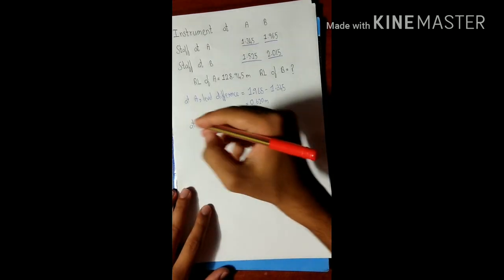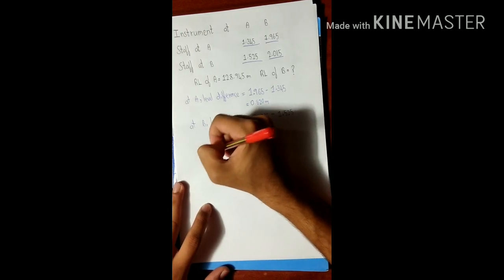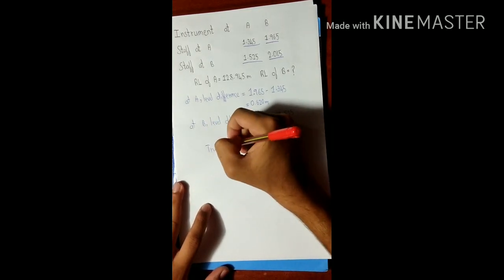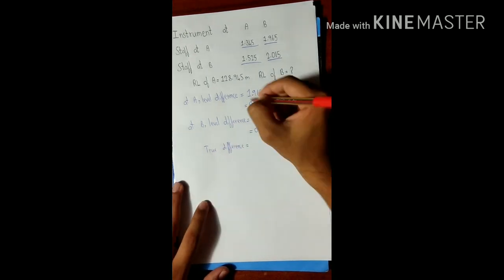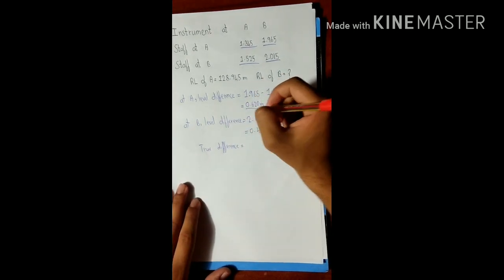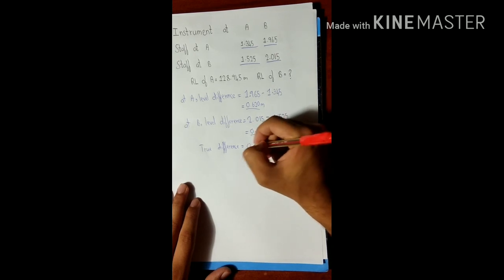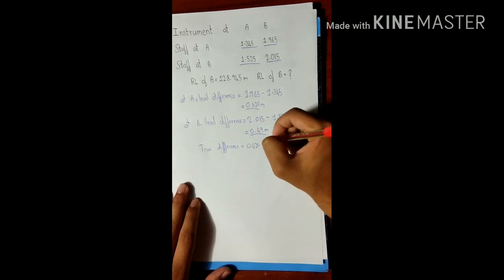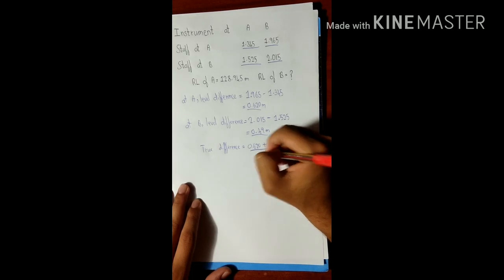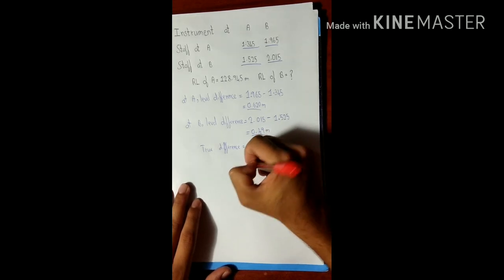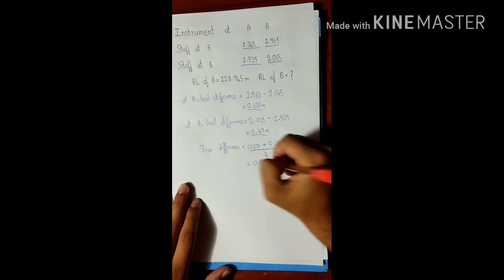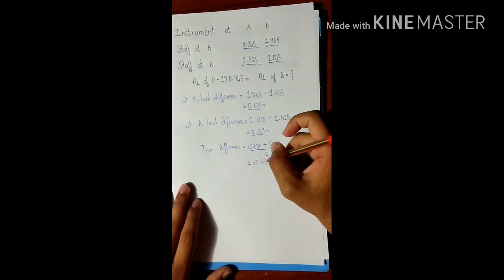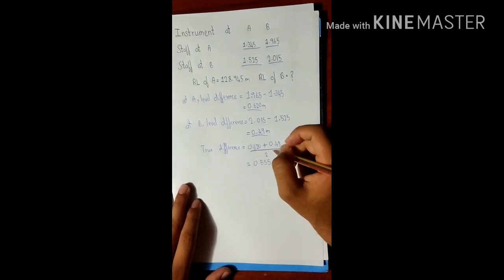Now, what's the true difference in elevation? The true difference in elevation is given by the level difference at A plus the level difference at B, 0.620 plus 0.49, divided by 2. So our answer will be around 0.555 meters. This is a fall from A to B.